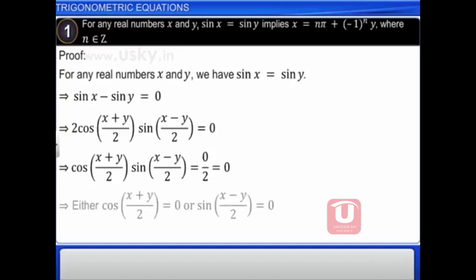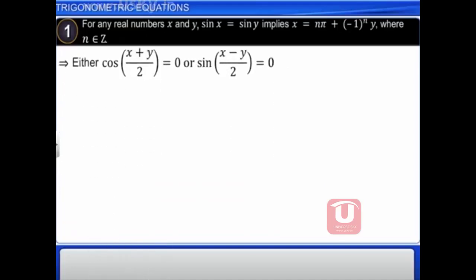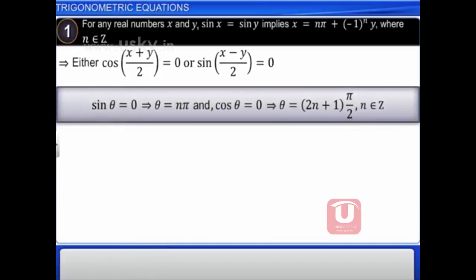This implies either cos of x plus y by 2 is equal to 0 or sin of x minus y by 2 is equal to 0. We know that if sin theta is equal to 0, then theta is equal to n pi, and if cos theta is equal to 0, then theta is equal to 2n plus 1 pi by 2, where n is any integer.